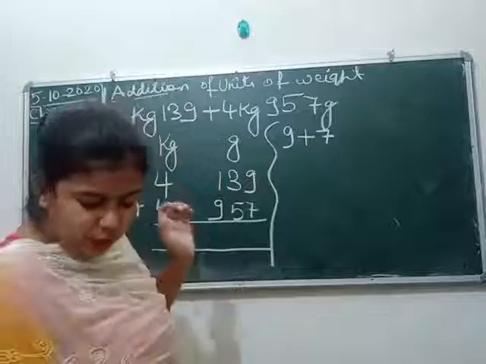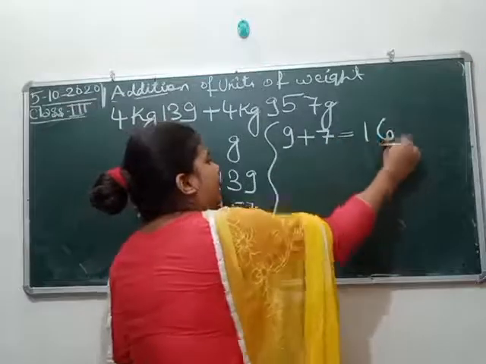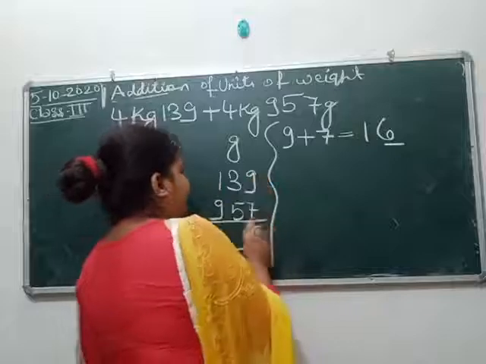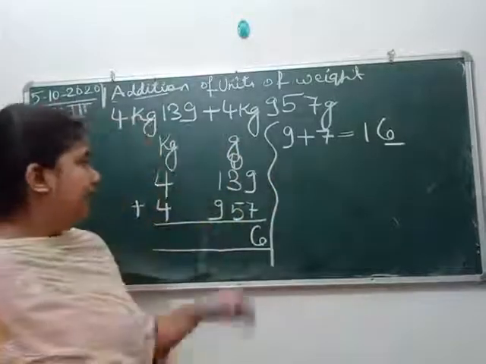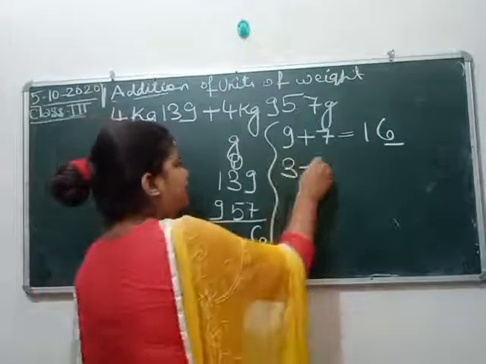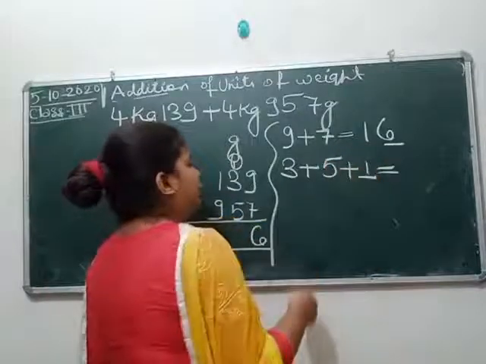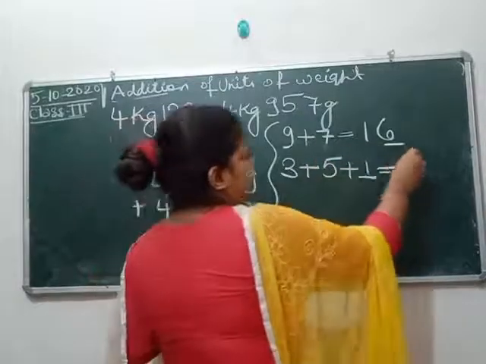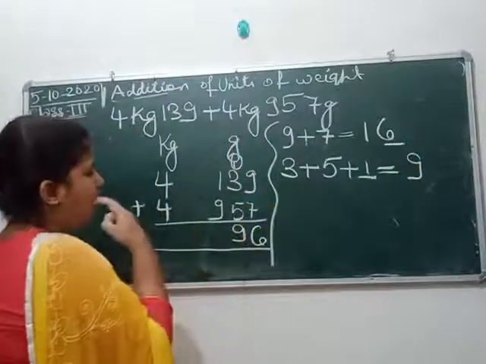Okay, so let us write. For 16 we will write here only 6 and we will give a carry to the next place. Here we are having 3 plus 5 plus 1 carry, which equals 9. So we'll write here 9.